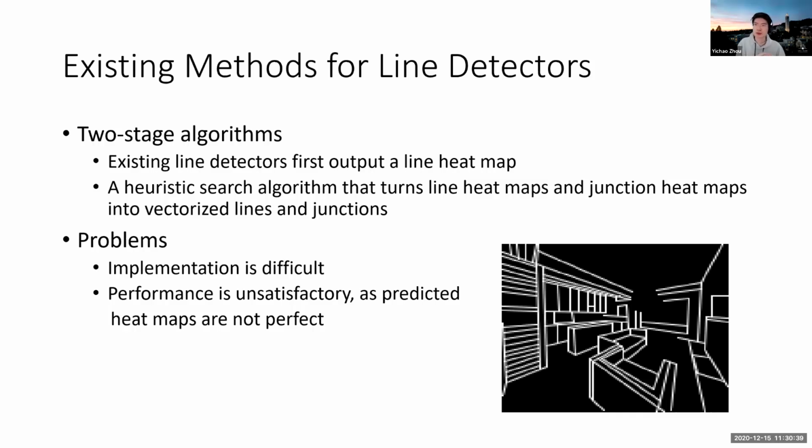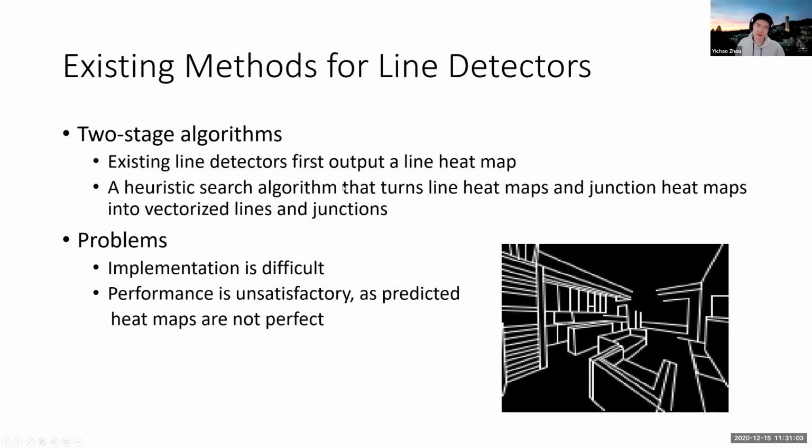Traditionally, you can do things like Canny edge detection. Nowadays, you can use a neural network. In the second stage, you run a heuristic algorithm to turn this heat map into vectorized lines. Prior to this work, everyone used this two-stage pipeline.